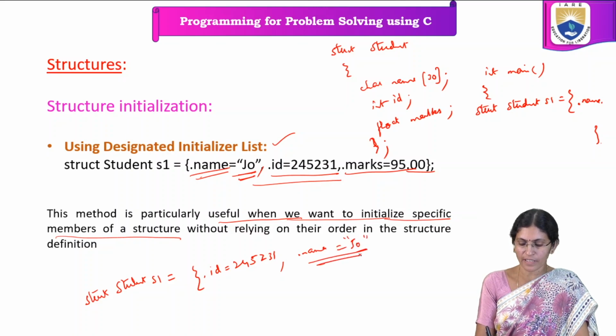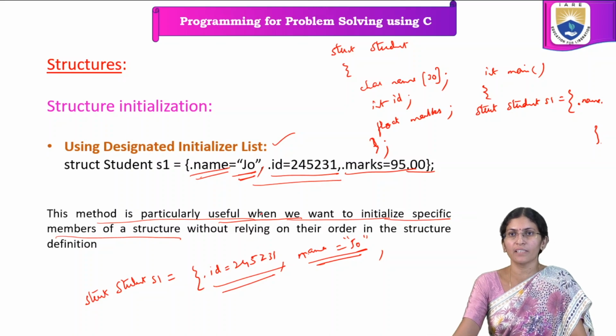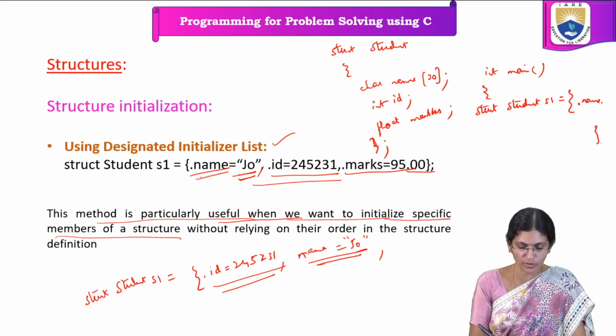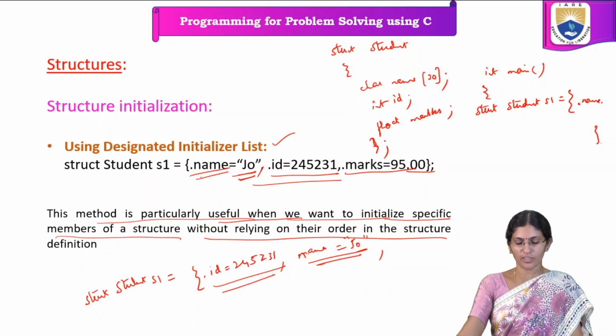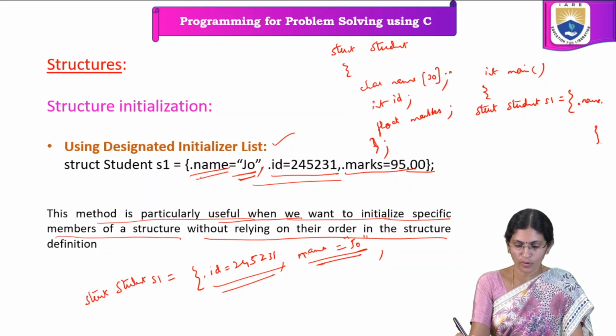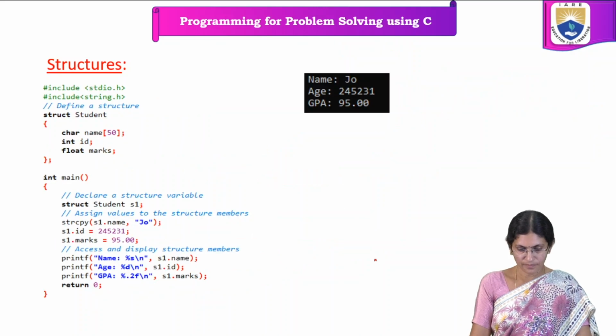So this value is assigned to the first member of the structure, and this value corresponds to the second member. So here order doesn't matter. This method is useful when we want to initialize specific members of a structure without relying on their order in the structure definition. No matter what the order of members is, we can initialize the structure variable in any order.